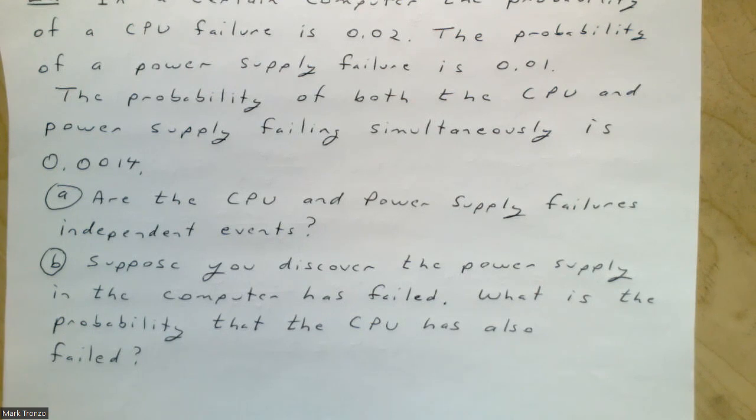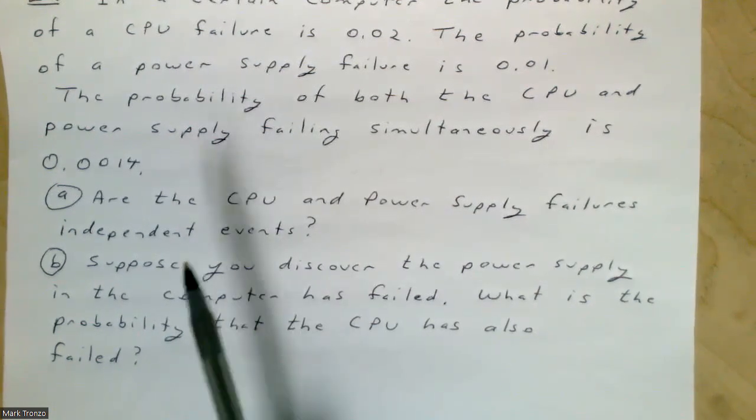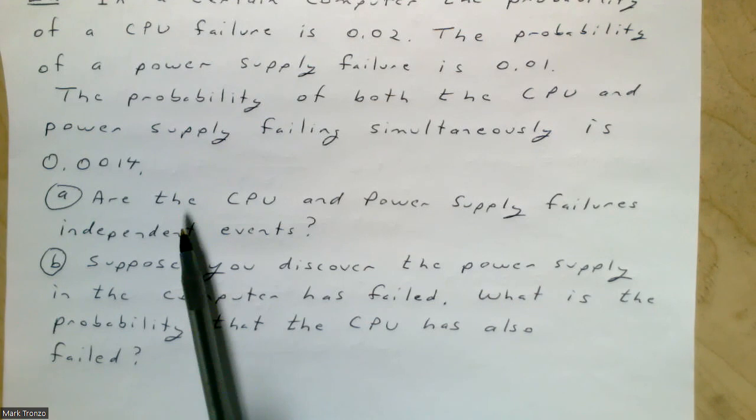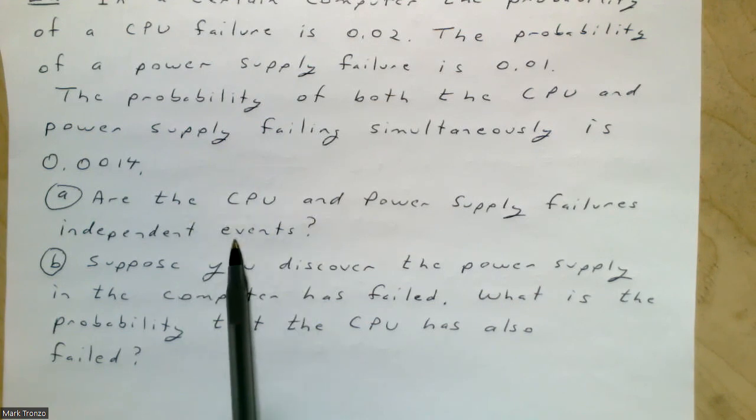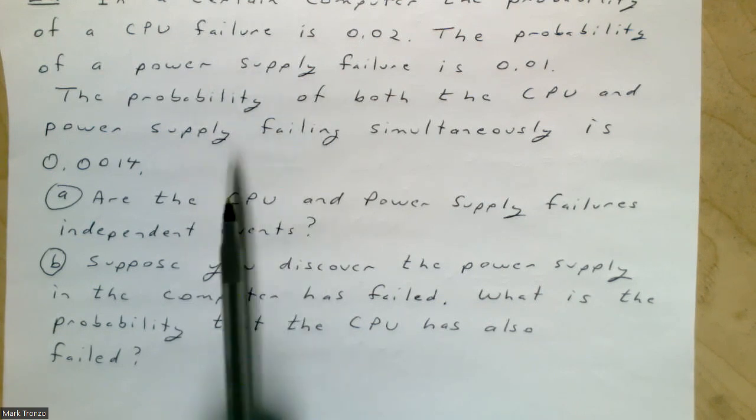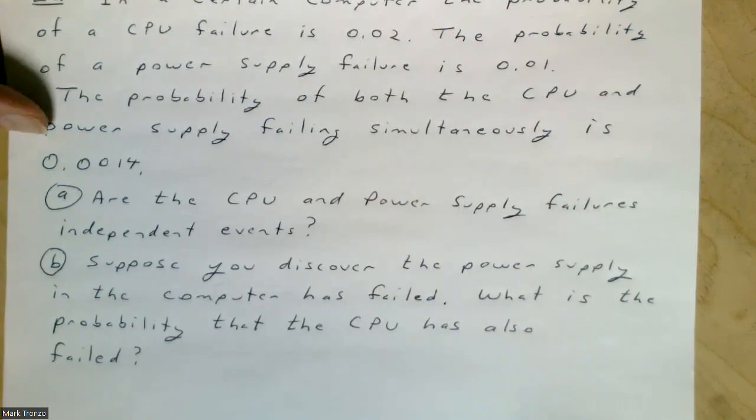Now remember our test for part A, to see if they're independent, is to find the probability of the intersection of the two and see if that is equal to the probabilities of each of these multiplied together. So let's check this out.